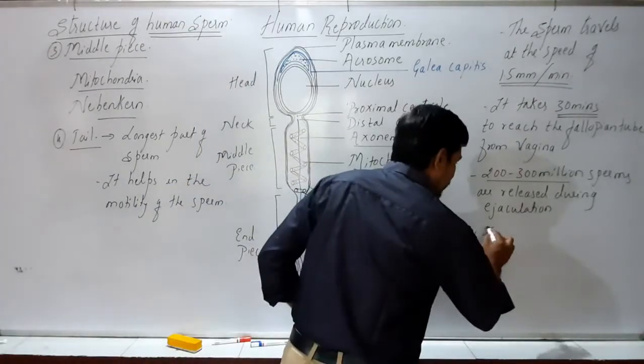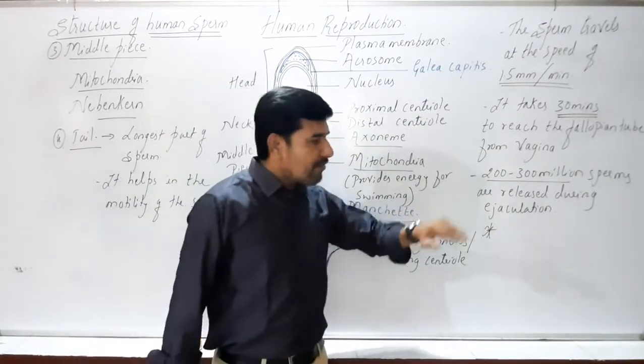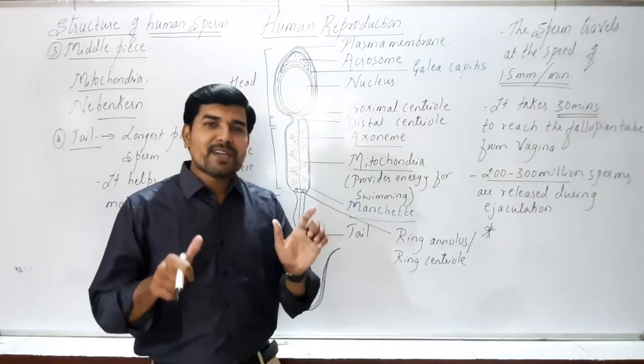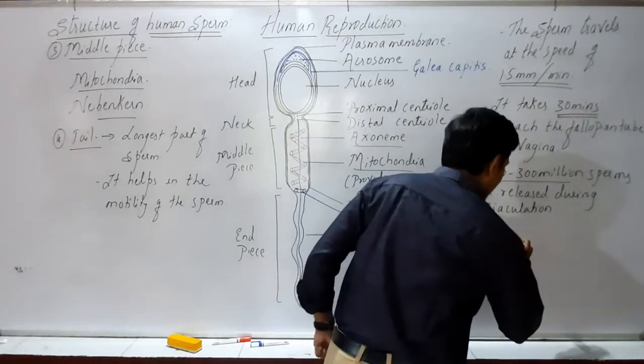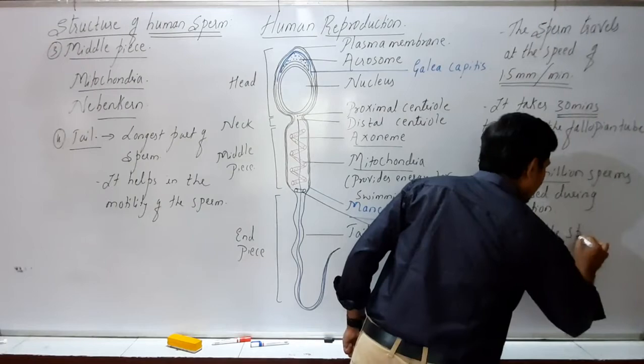Then the most important point is that out of the released sperms, around 60% of the sperms should have their normal size and shape.